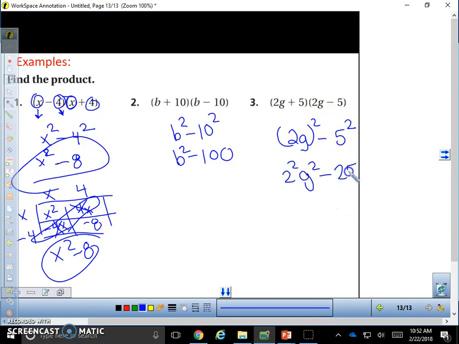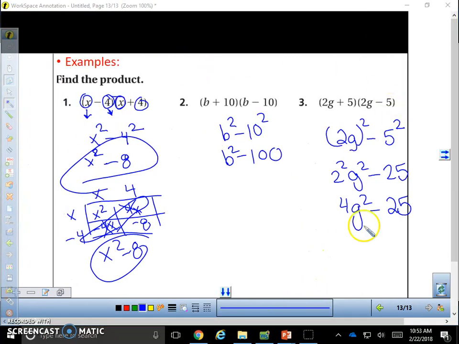Minus 25. 4g squared minus 25. If what I was just talking about was complicated, again, you can use FOIL, or you can use that rectangular array, and you will get the same thing. This is just more efficient.